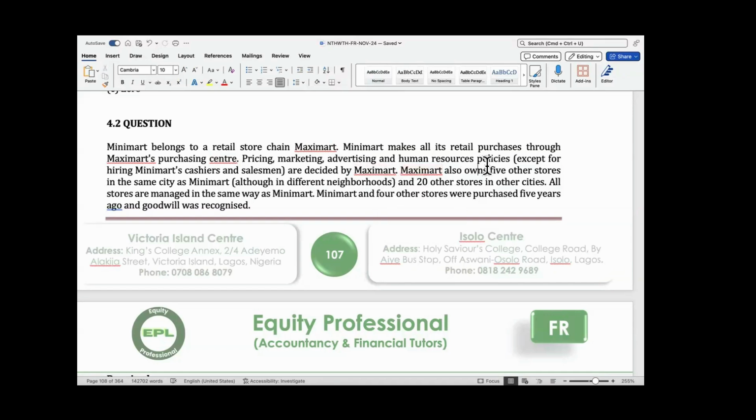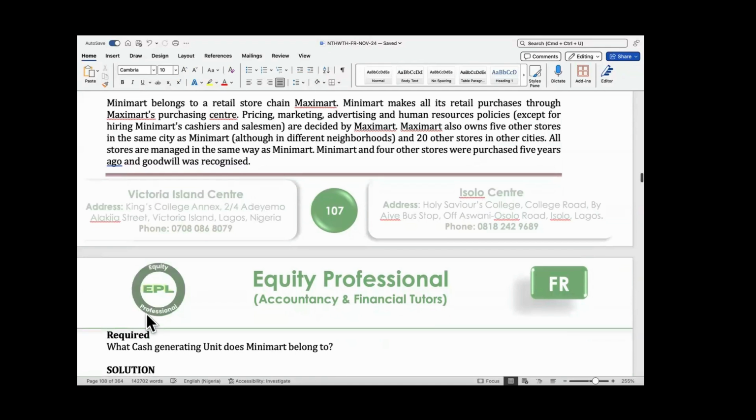Maximart also owns 5 other stores in the same city as Minimart and 20 other stores in other cities. All stores are managed in the same way as Minimart. Minimart and 4 other stores were purchased 5 years ago, and goodwill was acquired. What cash generating unit does Minimart belong to?